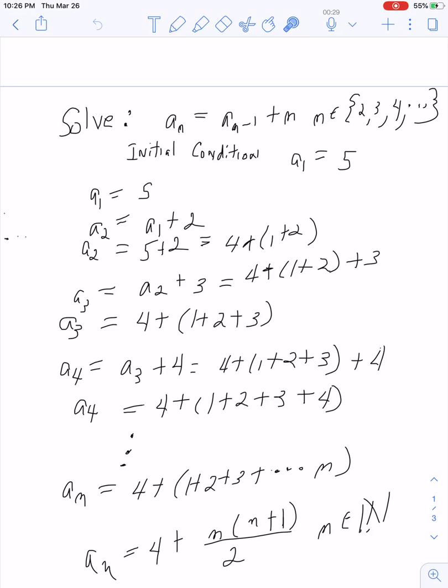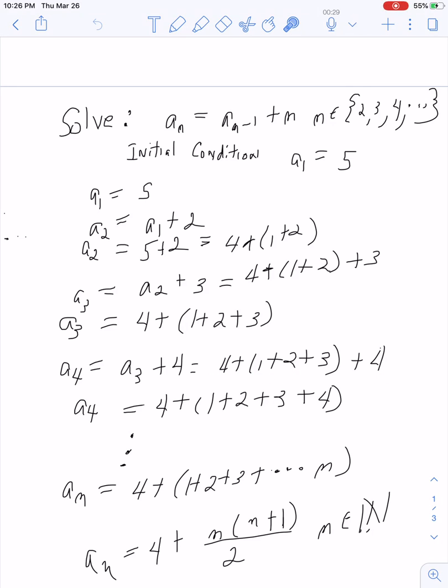plus 3. Well, a sub 4, according to the recurrence relation, is a sub 3 add 4. And since a sub 3 is 4 plus 1 plus 2 plus 3, I'm going to add another 4.